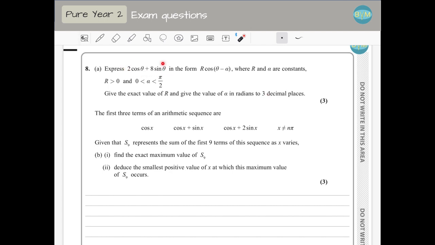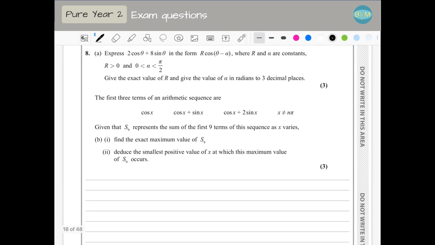So remember, we are doing these questions using the addition angle formulae. We are going to write 2 cos theta plus 8 sin theta equal to r cos(theta minus alpha), and we are going to use the addition formula for cos(theta minus alpha).